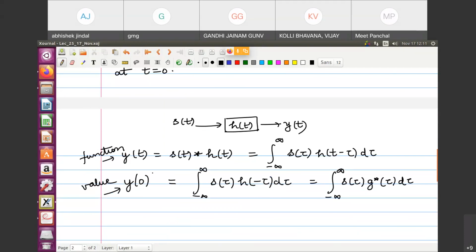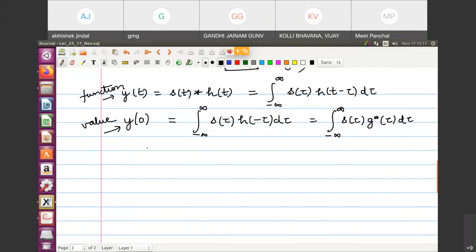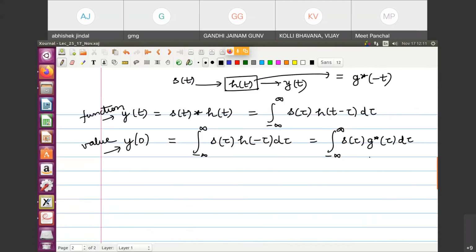So if my filter h of t equals g star of minus t, and I sample the output at t equal to 0, I get a number, and this number is nothing but the correlation of s and g. This is a nice observation.